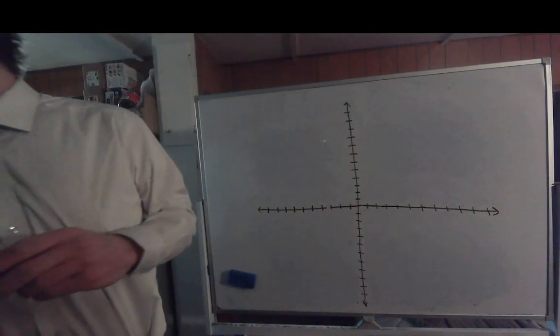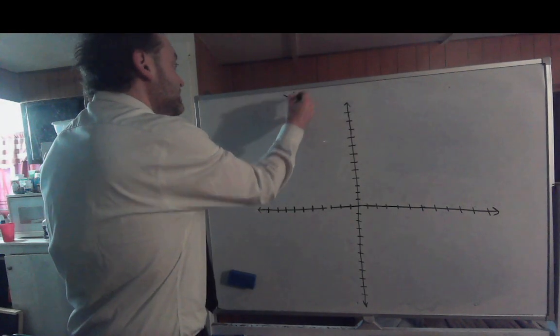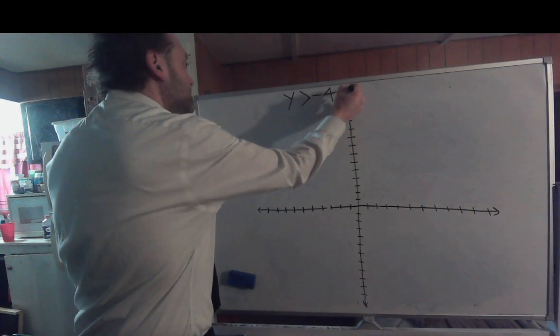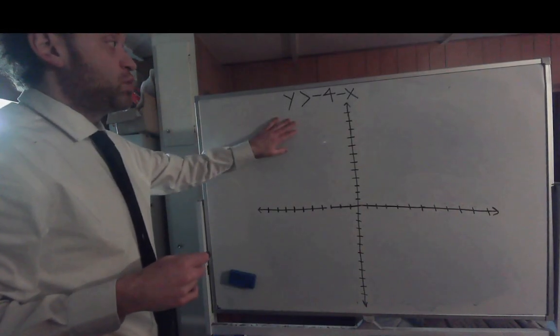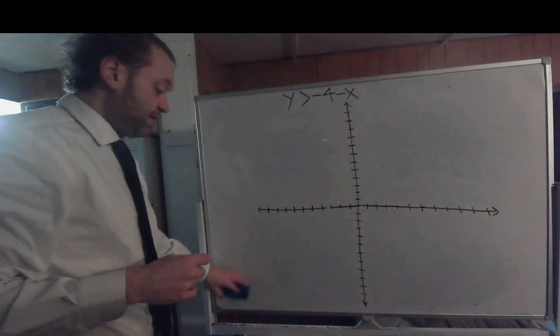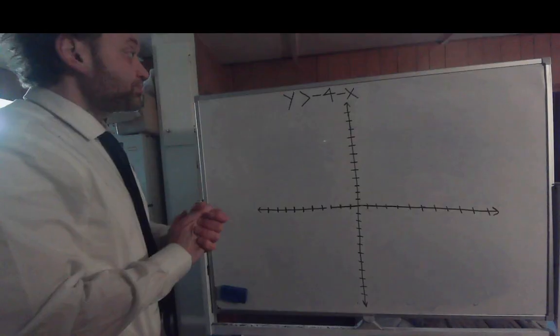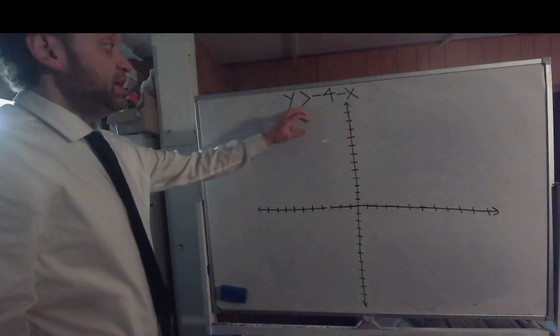Alright, what's the next one? So y is greater than negative 4 minus x. So we are going to graph the inequality y is greater than negative 4 minus x. Well, what we want to do then is ask ourselves, does it have an equal to component?